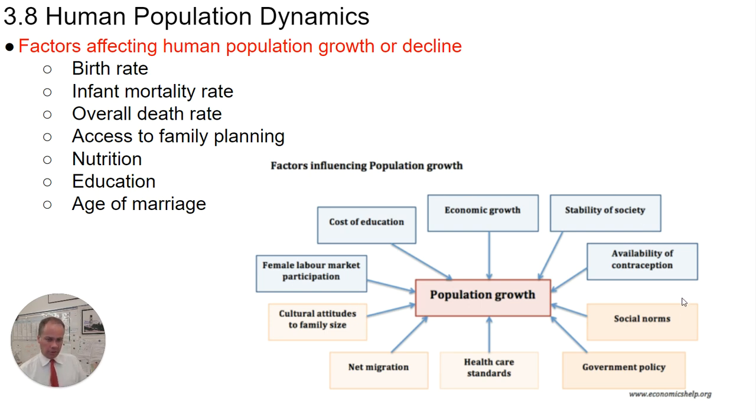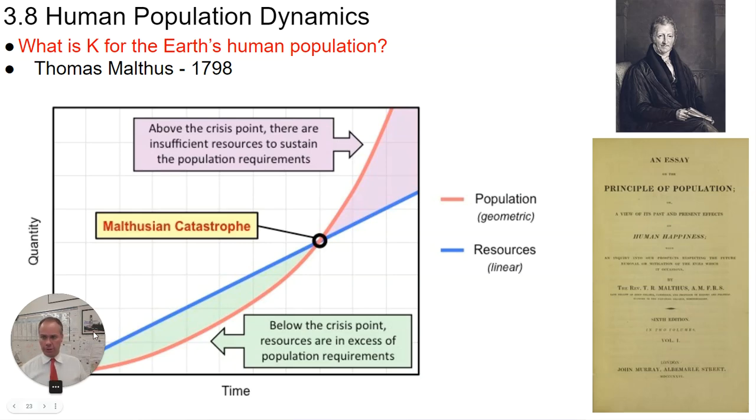All of these factors are important. Things like healthcare, cultural attitudes towards family size, religious prohibitions on things like contraception, for example, social norms, availability of contraception. All of these factors influence the growth of human population size.